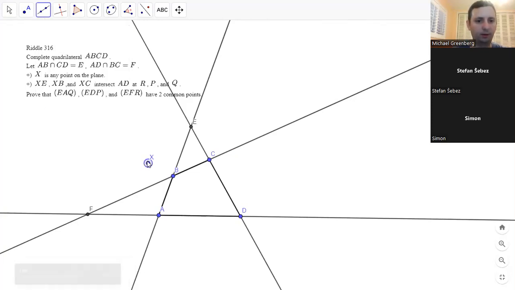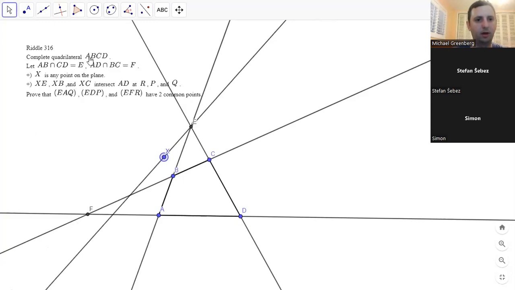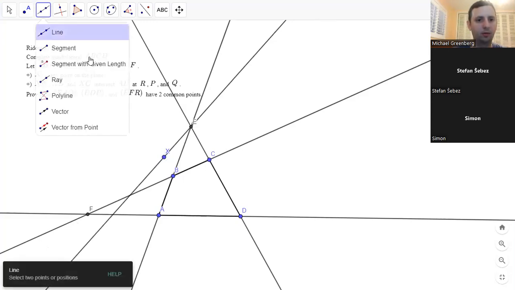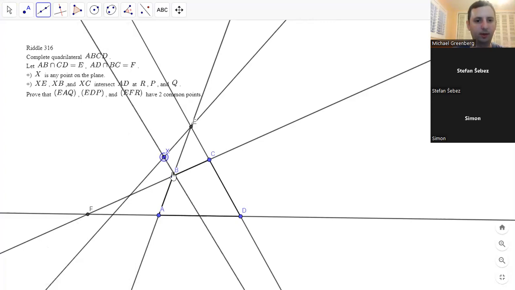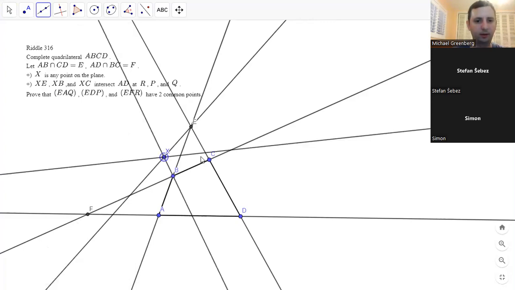And we want to see where XE intersects AD. And then XB, oh, it's where they all intersect AD? I guess so. So XE, XB, and XC.